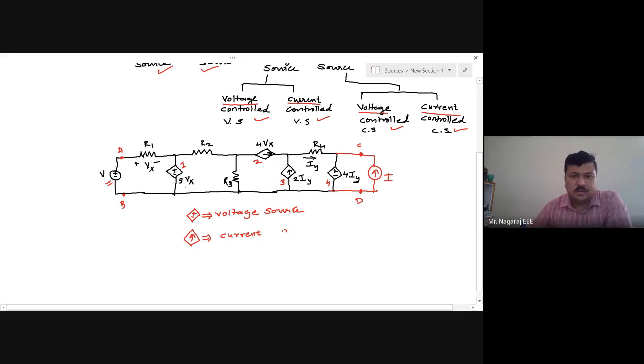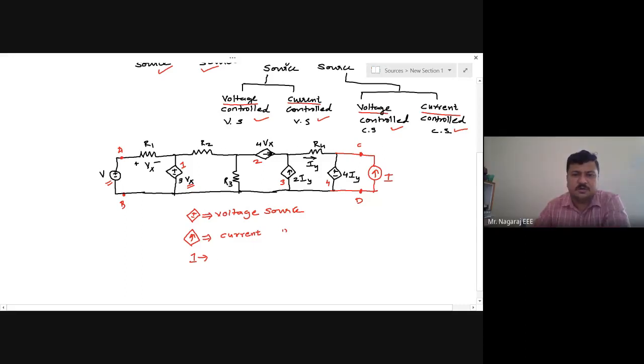Now what is the controlling parameter of this voltage source? It is Vx. And what is Vx? Vx is the voltage across resistance R1. So what does source one indicate?